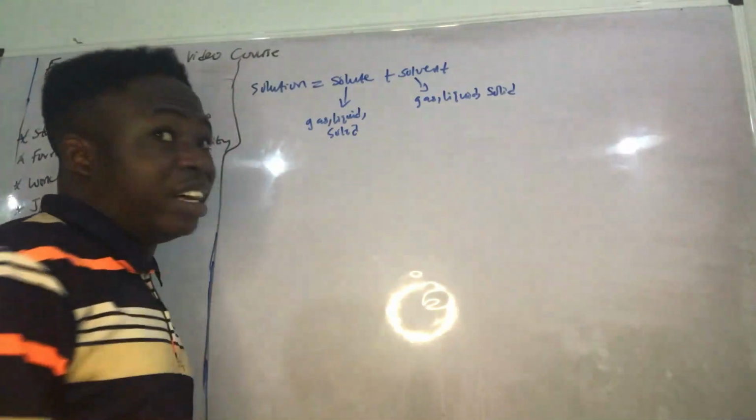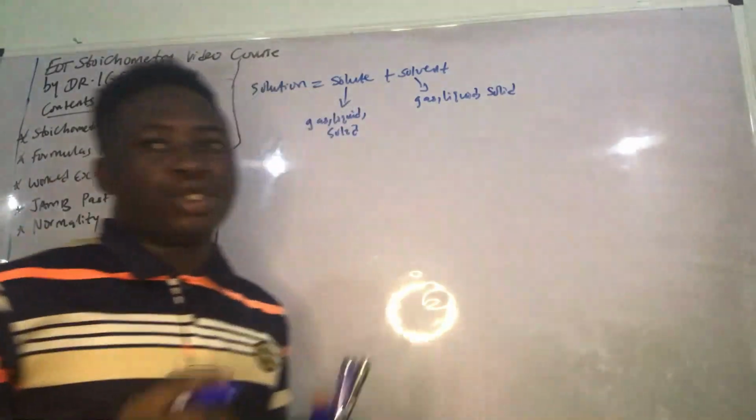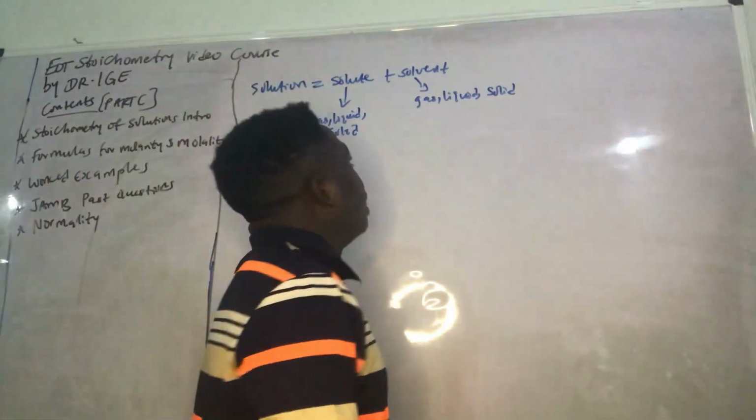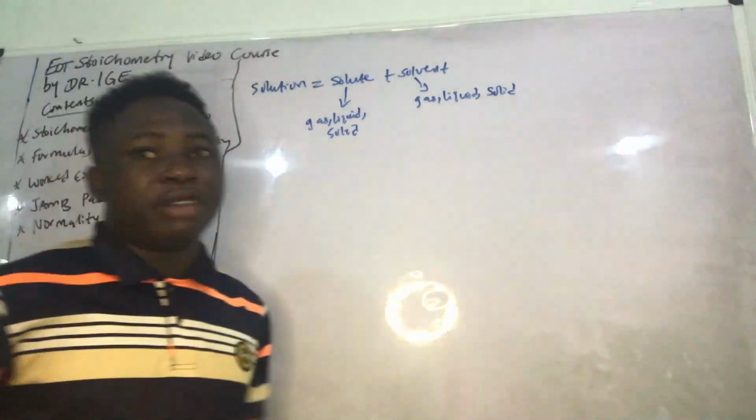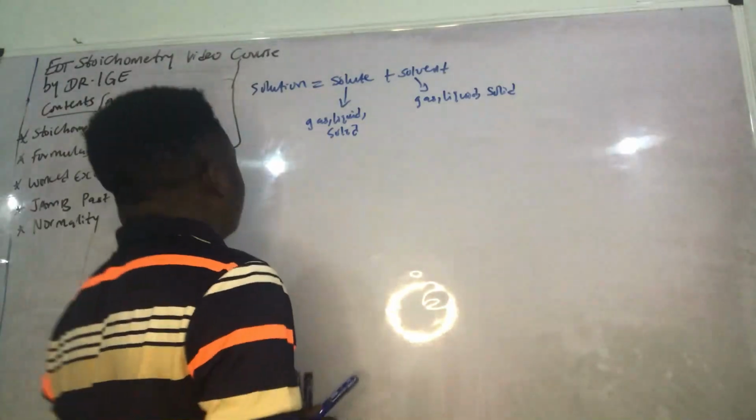Don't just put it in your head that solvent must be liquid and solute must be gas. Both solute and solvent can exist in any of the states of matter: gas, solid, or liquid. Do you get? So that's one thing.